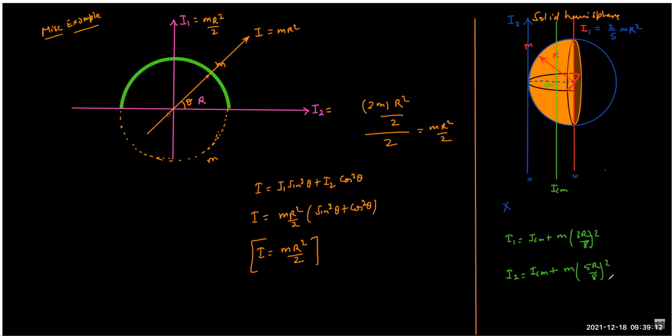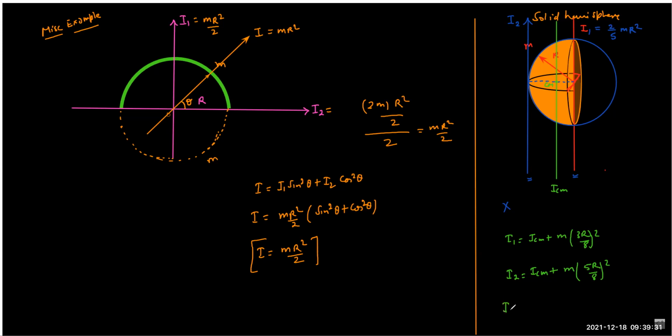You can subtract 3r by 8 from R to get the other distance. Once you have these two, because you're looking for I2, and you can also get ICM because I1 is known to you. But right now we are interested only in I2, not in I1. So what we can do is subtract.